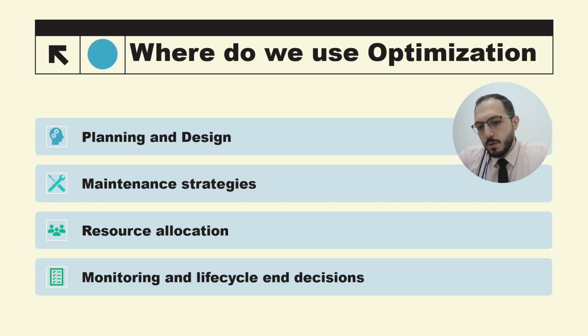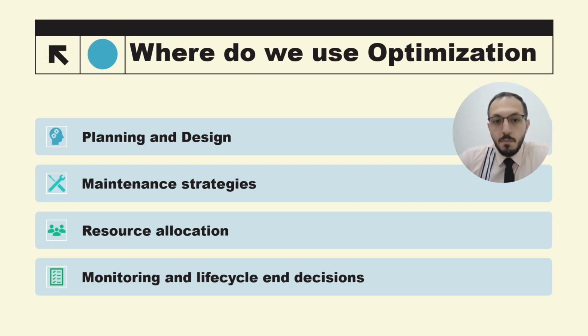Optimization is everywhere in civil engineering. We use it during planning to choose the best project sequence. We use it during design to pick the right materials and dimensions. We use it during construction to allocate resources efficiently, so which machine goes where.